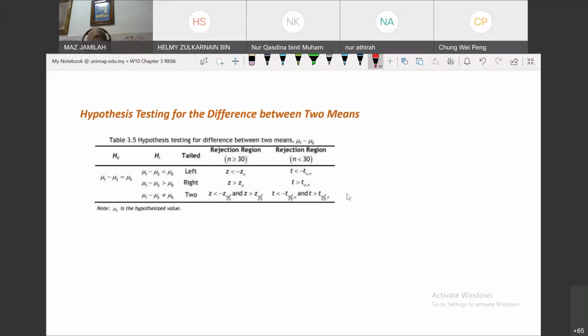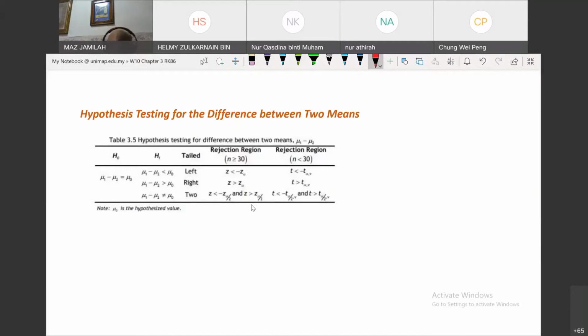Okay, for the two population means, we are still talking about the same rejection region and critical value, and what we call the statement of hypothesis, your null and alternative statement.